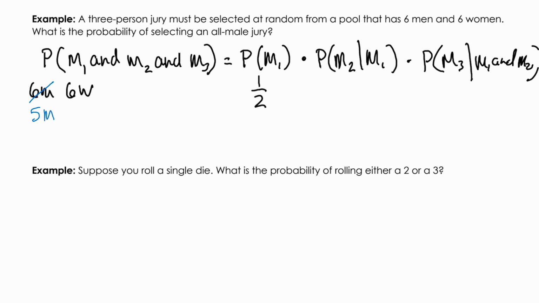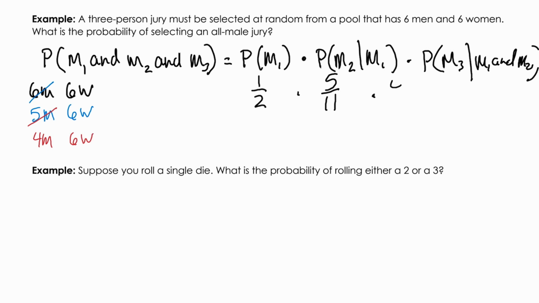So now, if I pick a man out the first time, now I'm left with 5 men and 6 women. So when I go to pick a man the second time, I'm going to have a 5 out of 11 chance of picking a man the second time. If I pick a man the second time, then I'm only left with 4 males in the room and 6 females.